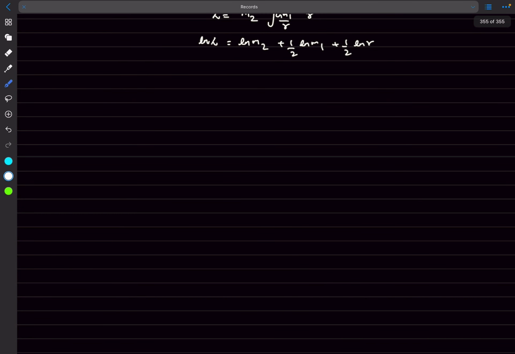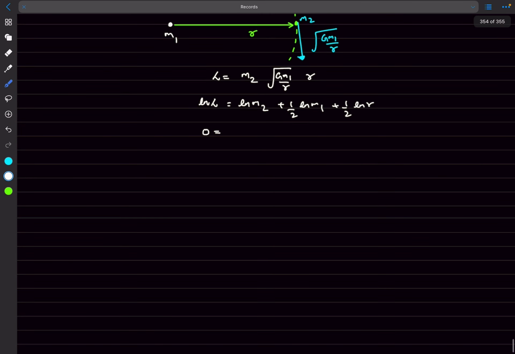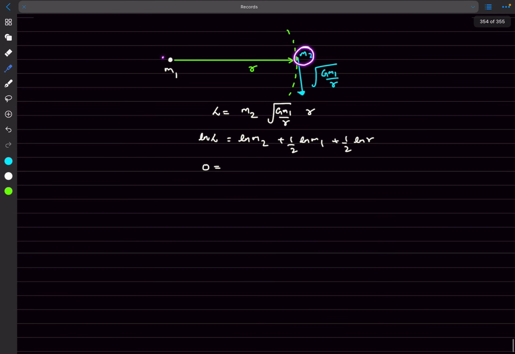L dot over L, the L dot is going to be 0. And we have M2 dot over M2. Now as the mass that is lost by M2 is gained by M1, if we say M1 plus M2 is a constant, then M1 dot plus M2 dot is going to be 0. It was given that M1 dot was gamma, so M2 dot is negative gamma.